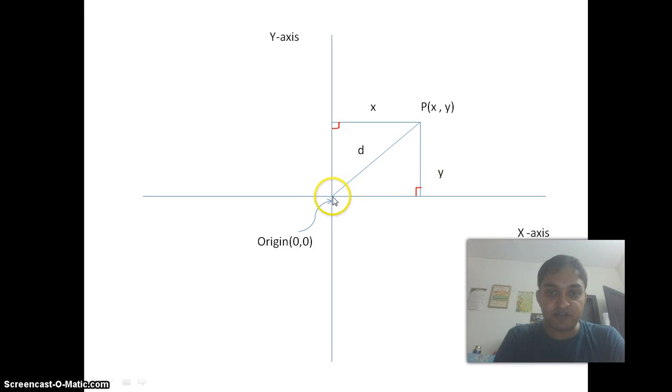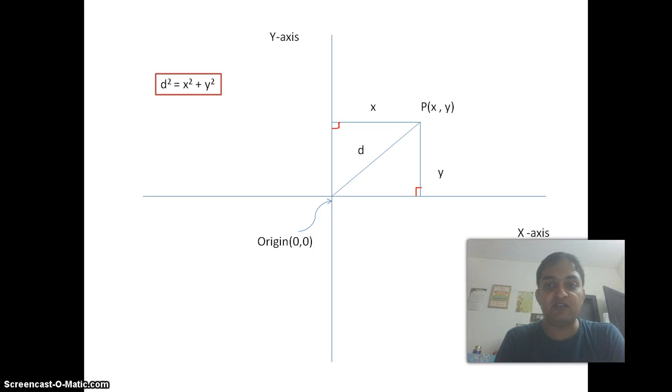Now if we observe carefully, in this right angled triangle, our base is x, our height is y, and hypotenuse is D. So by Pythagoras theorem we can say that D square is equal to x square plus y square. So we can easily obtain D here, which is the distance of a point from origin.